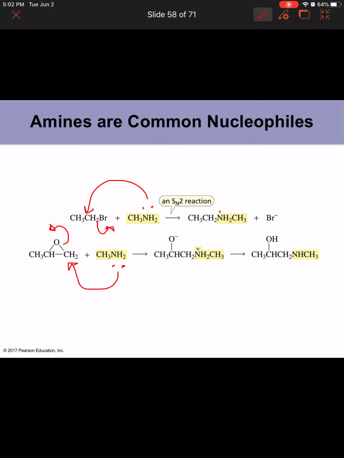And then the O minus will grab a proton. In fact, it can grab the proton from this protonated nitrogen. So there are two hydrogens over here. So the oxygen can grab one of these hydrogens and complete the formation of the product. Okay, so they are common nucleophiles.